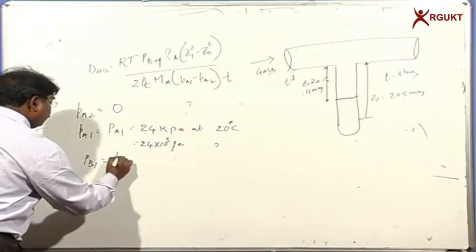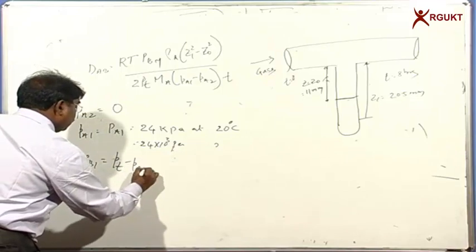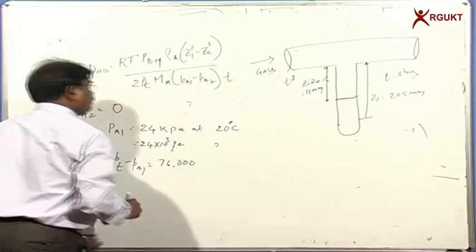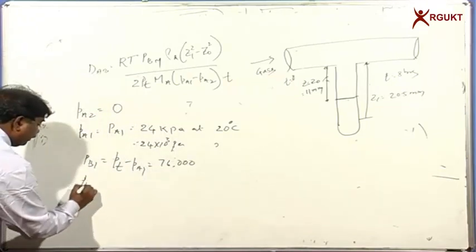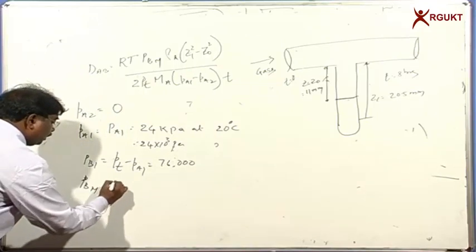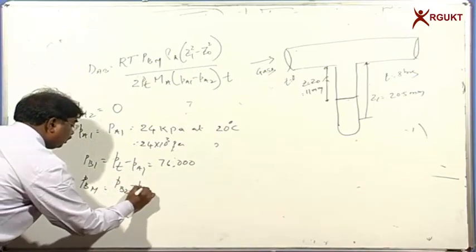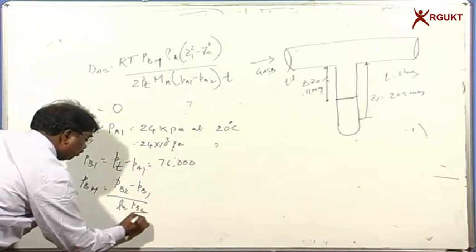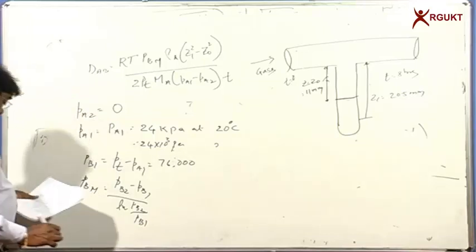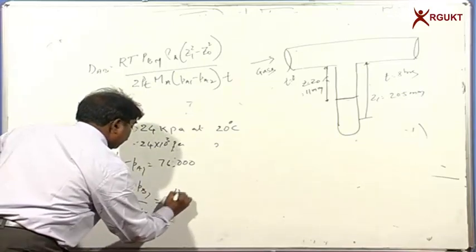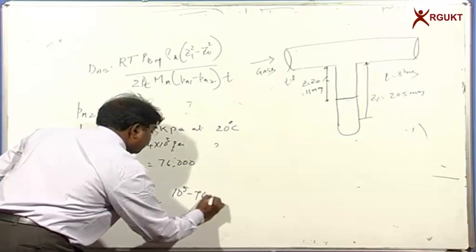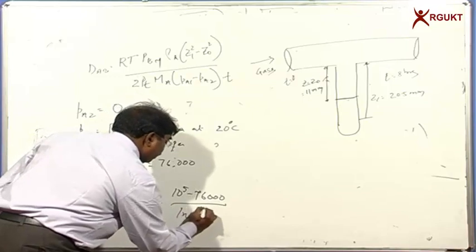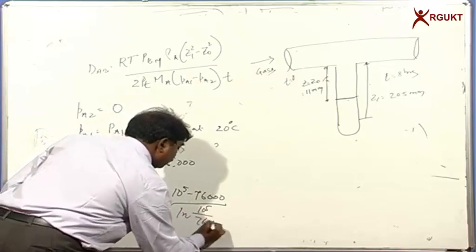PB1 is equal to PT minus PA1, that is equal to 76,000. And we have to calculate PBM, that is (PB2 minus PB1) divided by ln of PB2 by PB1, that is equal to (10 power 5 minus 76,000) divided by ln of (10 power 5 by 76,000).